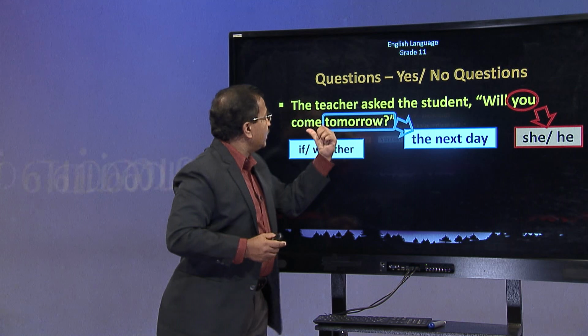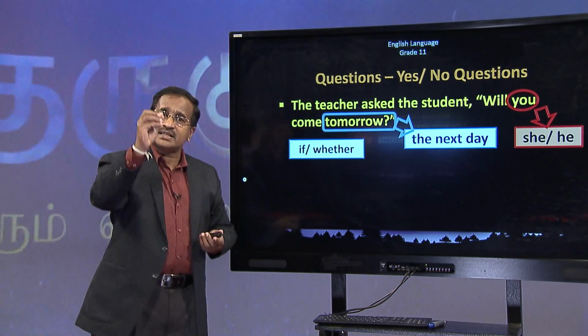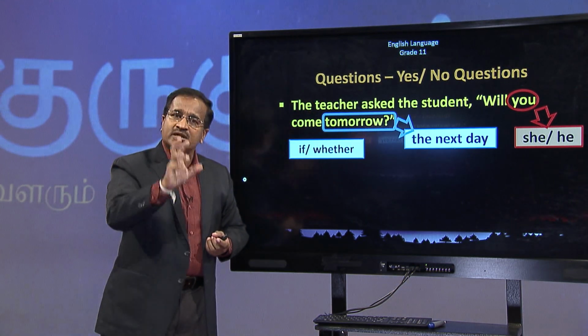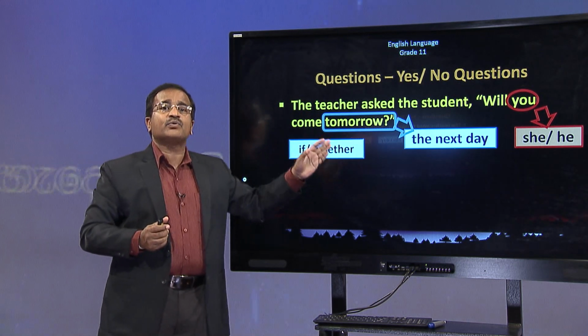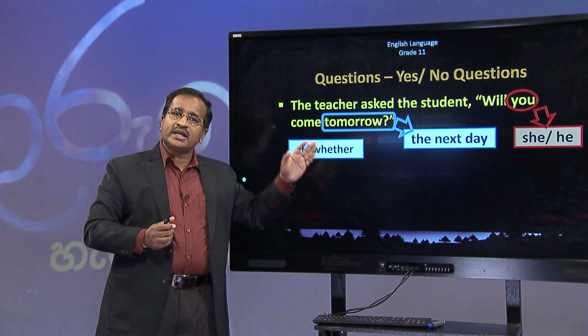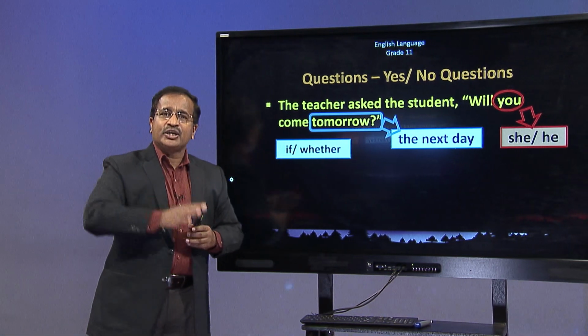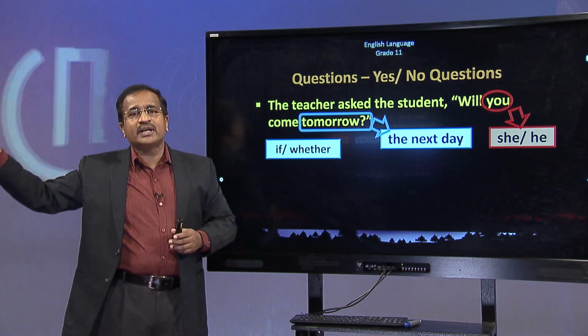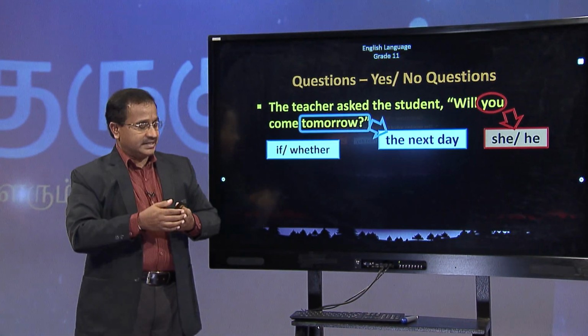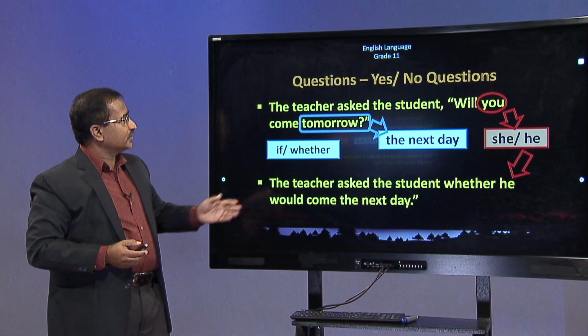Even though will you come tomorrow remains as a question, when you convert it into indirect speech, you have to change the question form. It should be converted into the form of a sentence. Look at this example.